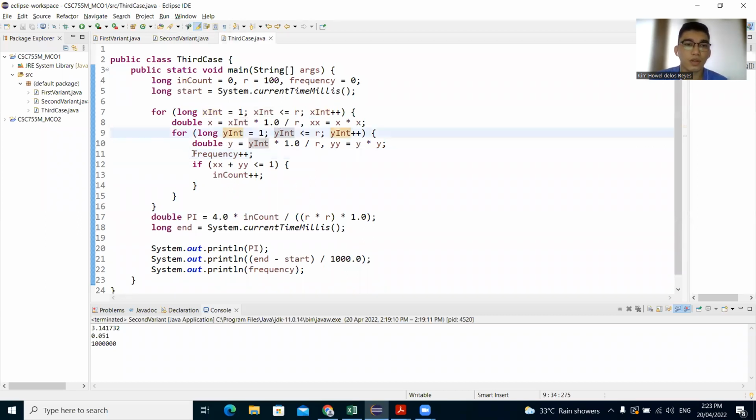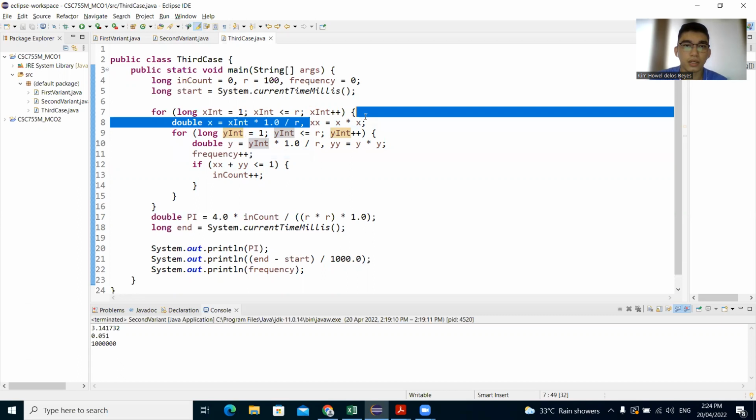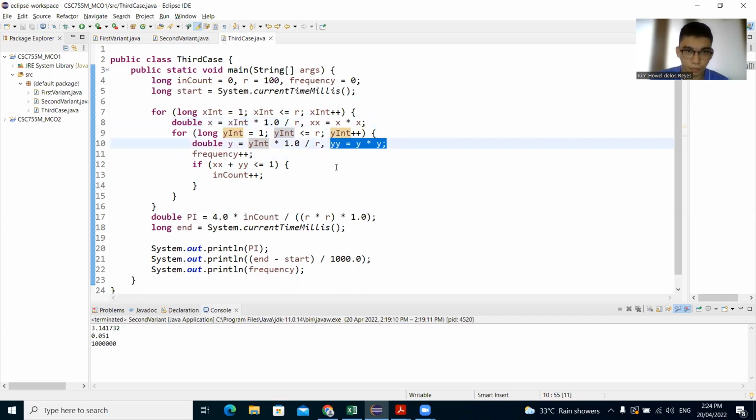Then we put the frequency count here, before the calculation of x squared and y squared. Here, this is x squared and this is y squared.